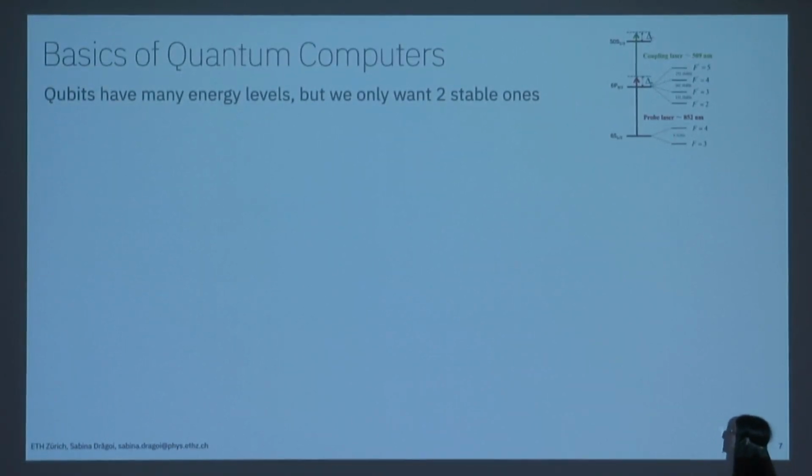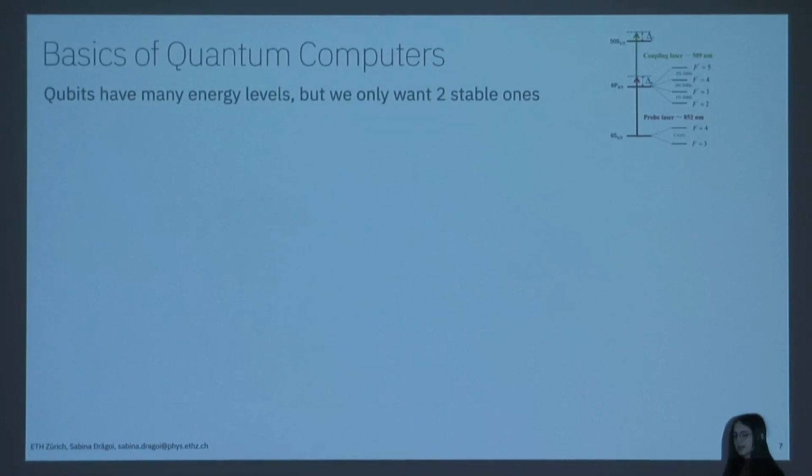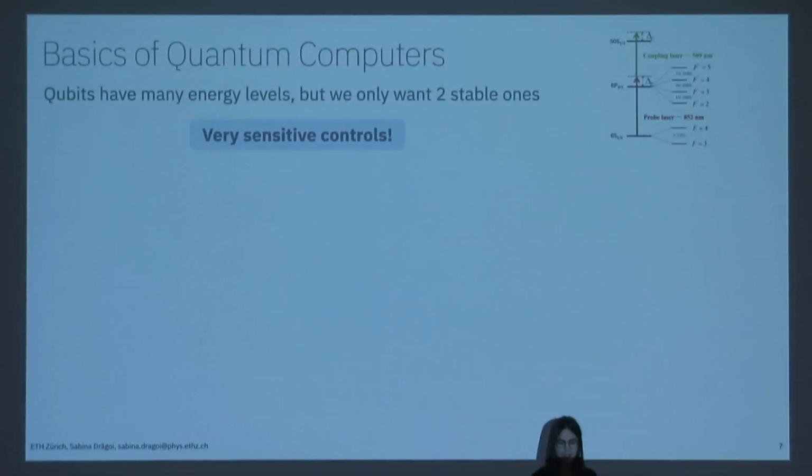The way we go to a 0 or a 1 is by applying laser pulses, which are very finely tuned. If your laser is not perfectly tuned, then you're going to be introducing errors into your algorithm. The point being that the controls in these computers are very sensitive and very prone to errors, more so than classical computers.